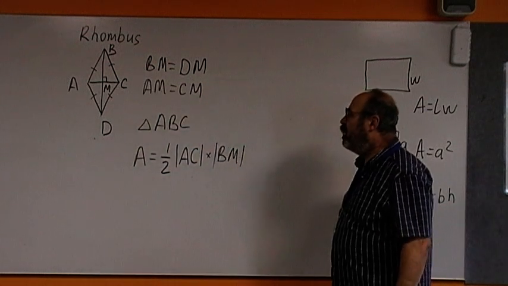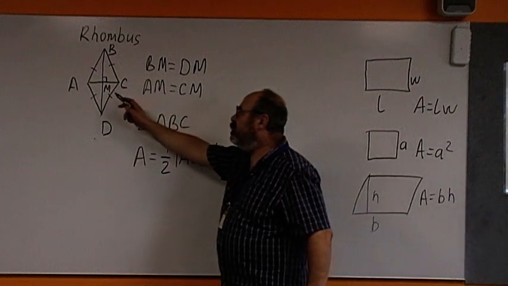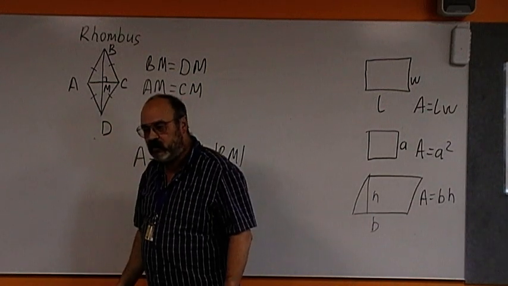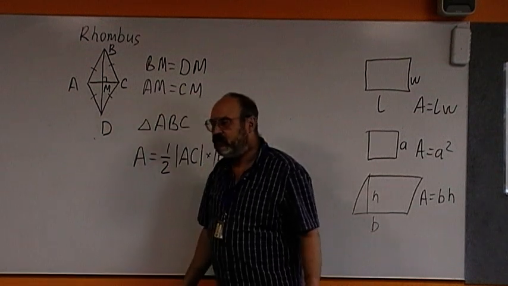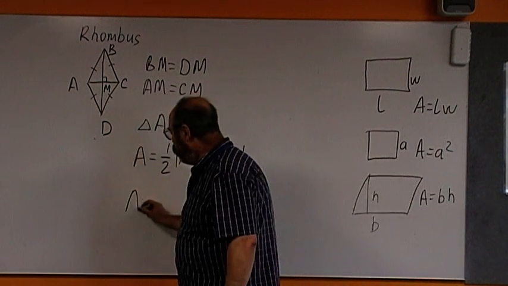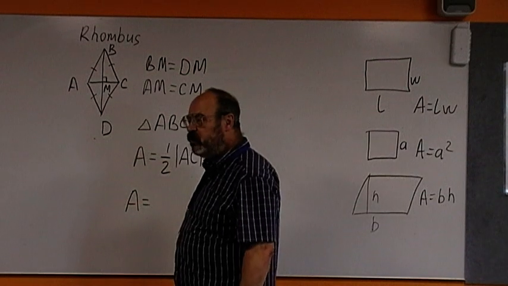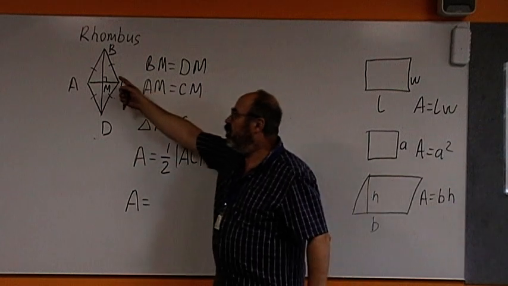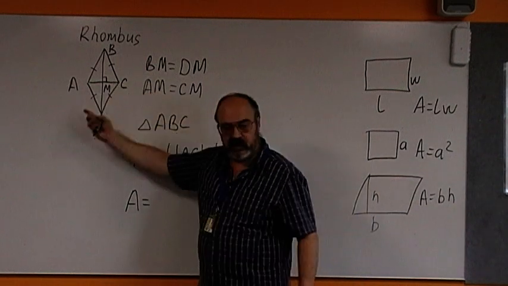Now triangle ACD is exactly the same, so it will have the same area. The area of the whole rhombus will be the area of this triangle added to the area of this triangle. Does that make sense?